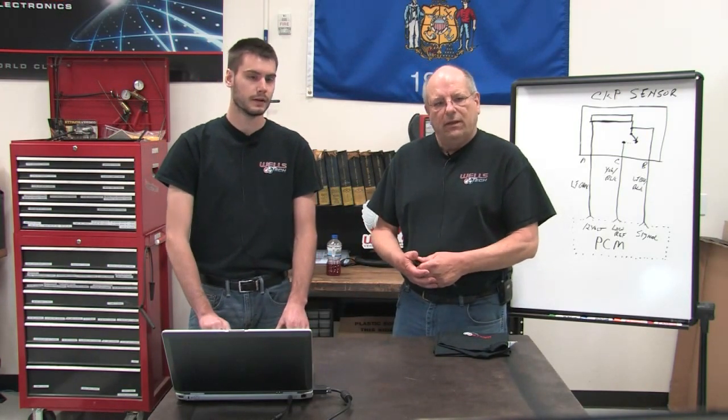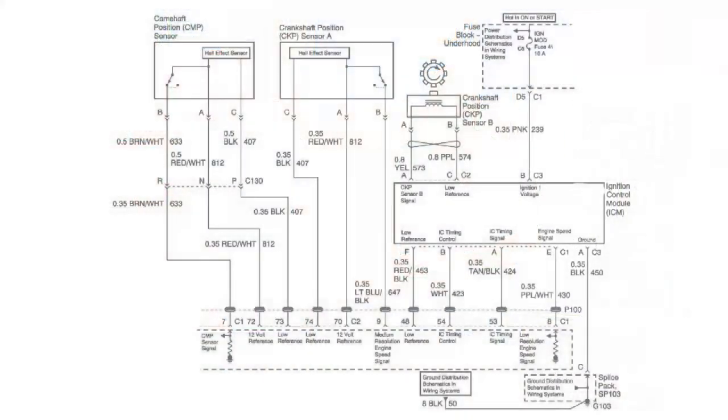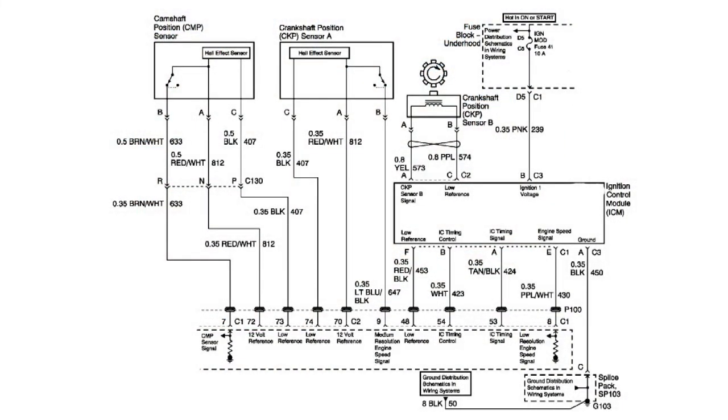Now we also have a 24 times, which is interesting. What does that do? Well, that's a 3-wire sensor, and that's the one mounted actually on the harmonic balancer pulley. The trigger wheel is, but the sensor is mounted to the front cover. This sensor is going to monitor the revolution of the crank.